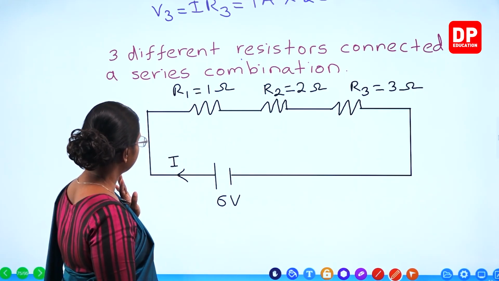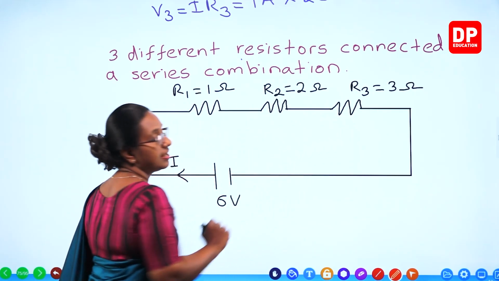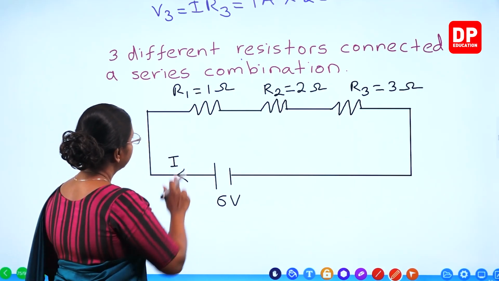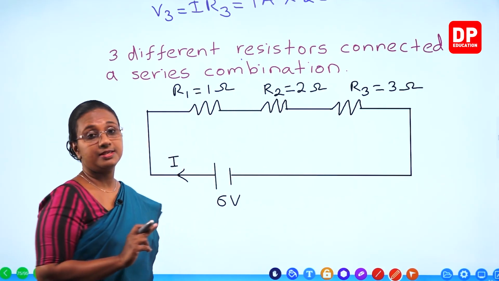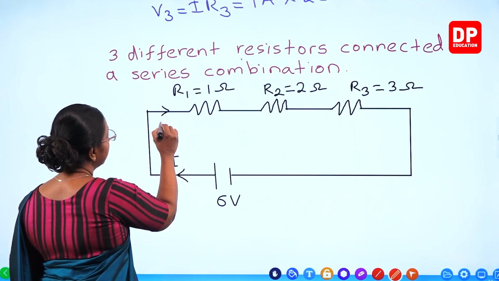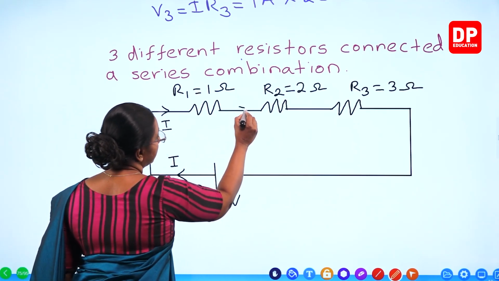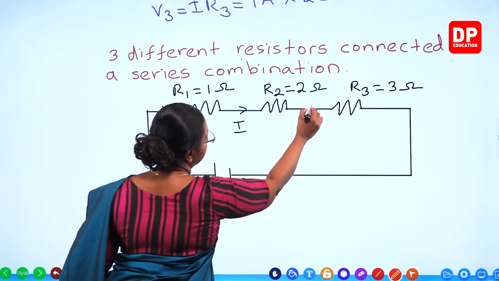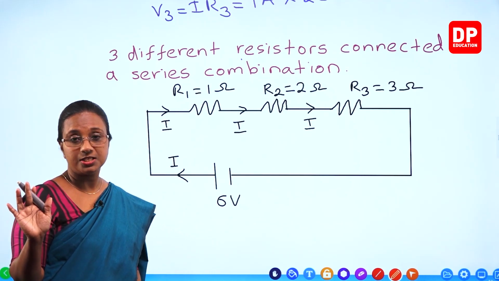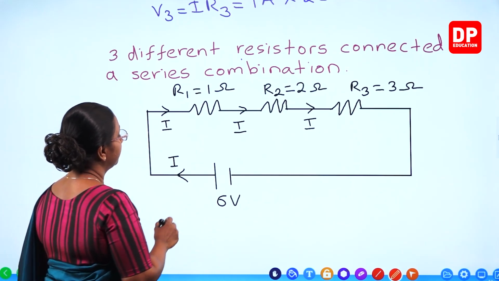Now you all can see, students, 3 resistors connected in a series combination, but the current flow through all the resistors is going to be the same. It is current I. Through this also current I. Through this also current I. That will not change.